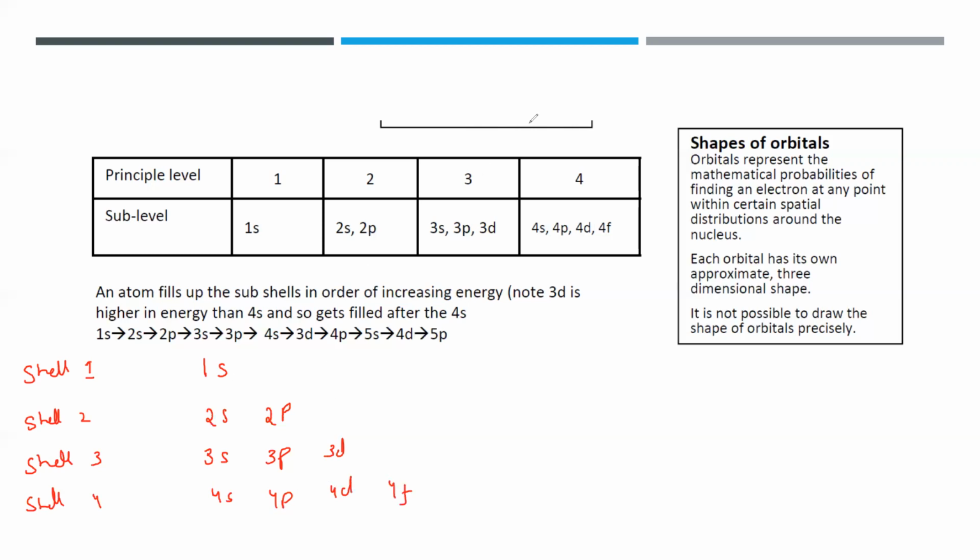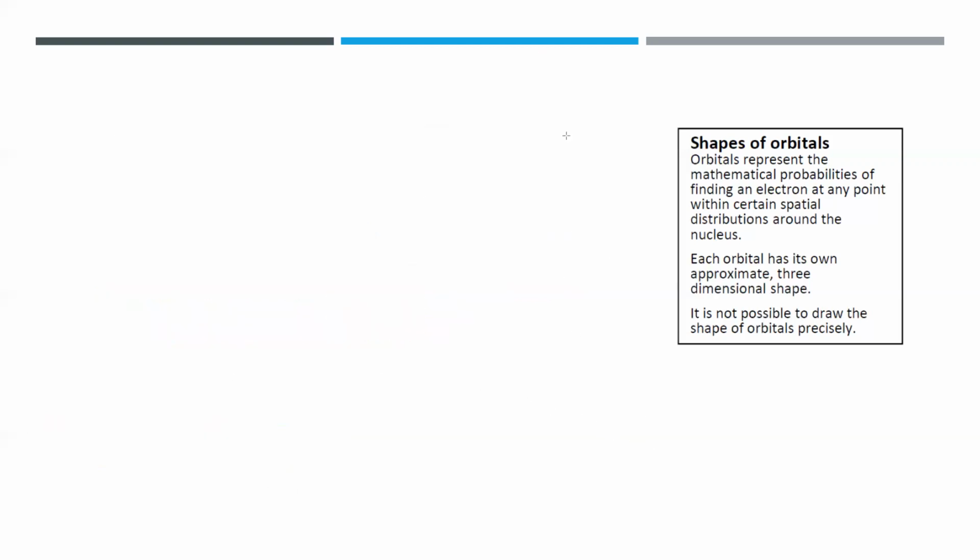So how do we learn all this? Otherwise you will be confused. There is a simple way to memorize it. First we write 1s for shell 1. Then for shell 2, we write 2s and 2p. Then for shell 3, 3s, 3p, 3d. So we are increasing one subshell each time.